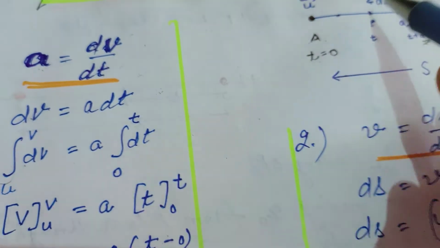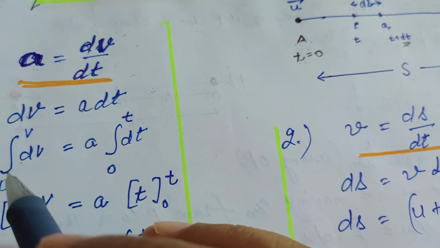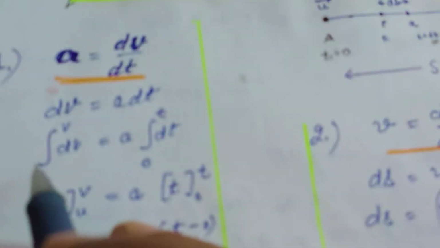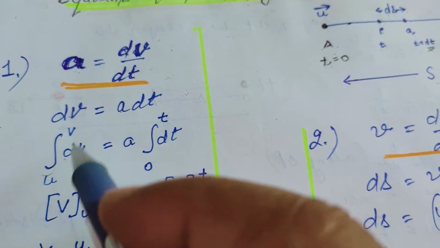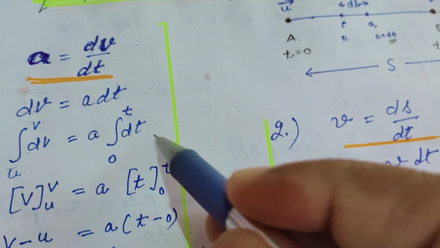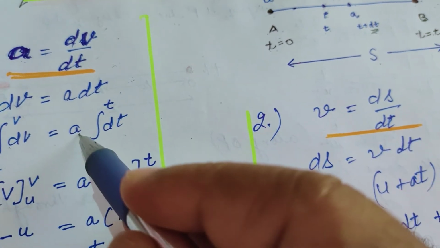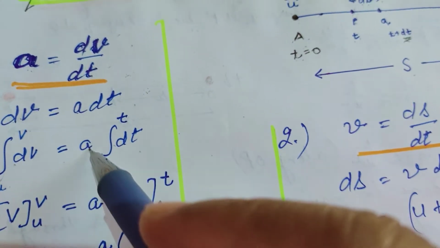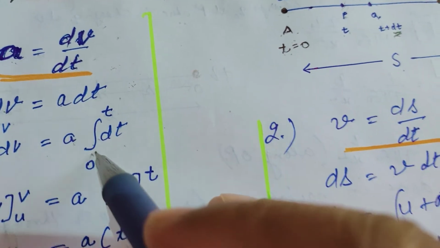Now in the beginning, at t equal to 0, the velocity was u, so the initial velocity is u, and the final velocity was v, so the limits are u to v, and for time 0 to t. Acceleration is taken outside as it is a constant quantity, so it comes out of the integration sign.